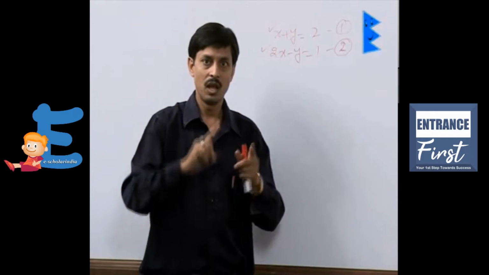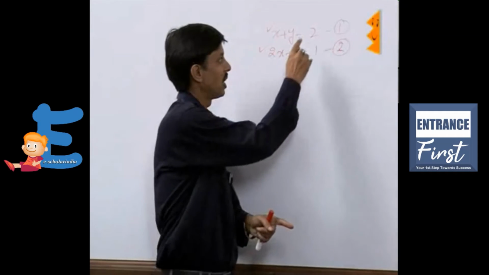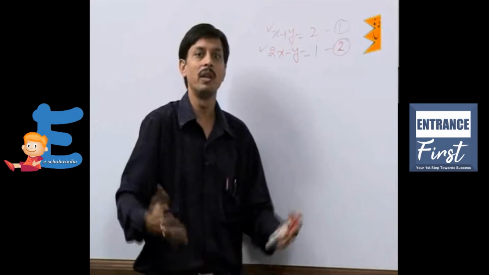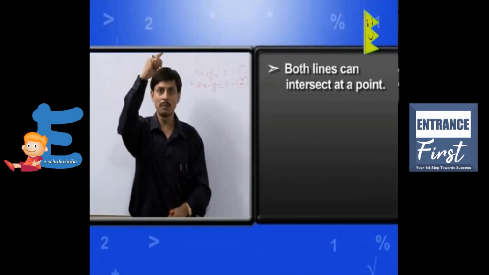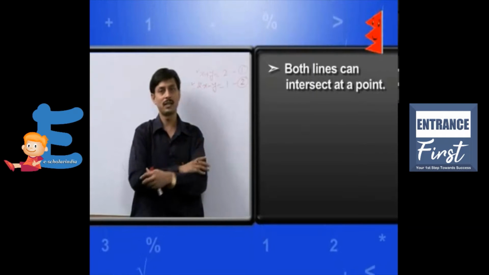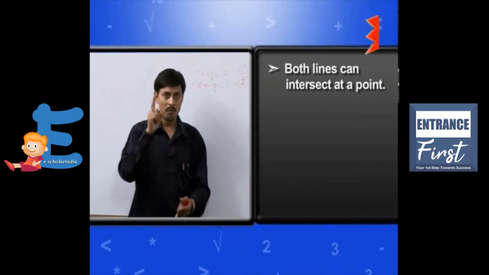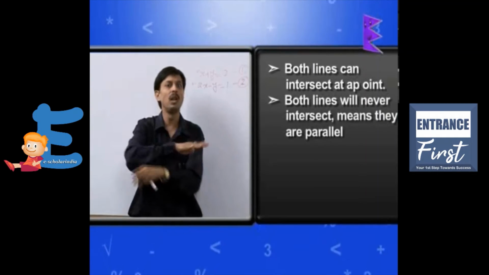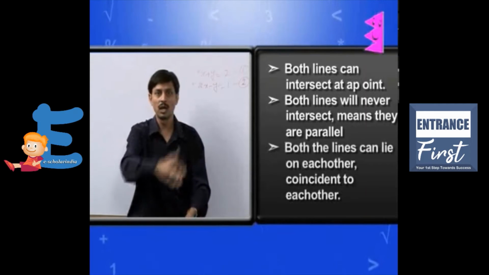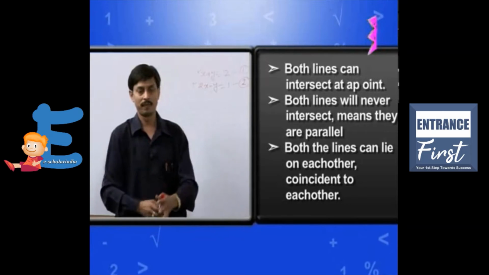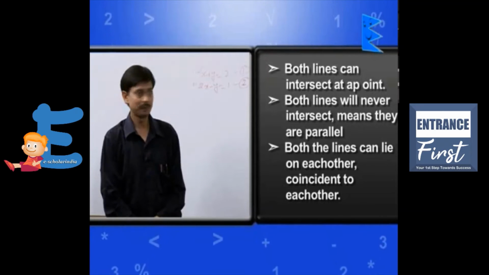If I ask you to plot the graph of the first line and the second line, how many situations can arise? Three. It may be possible that both lines intersect at a point. It may be possible that both lines never intersect, meaning they are parallel. It may be possible that both lines lie on each other, that is, coincident.